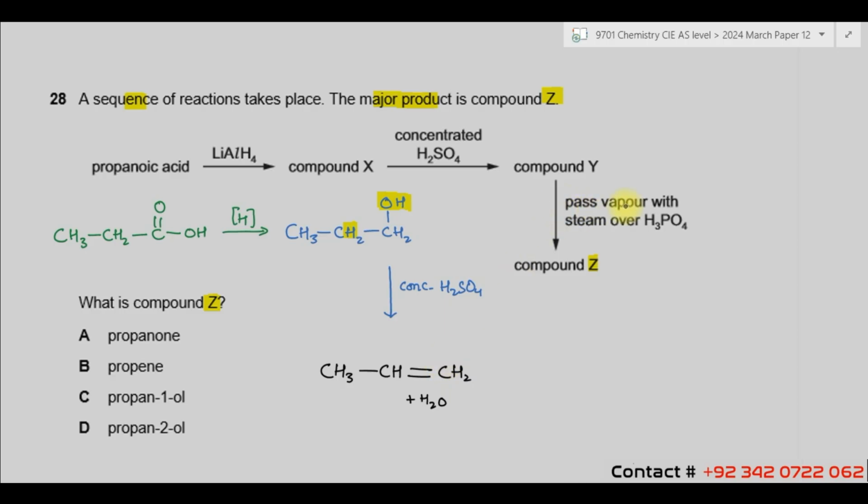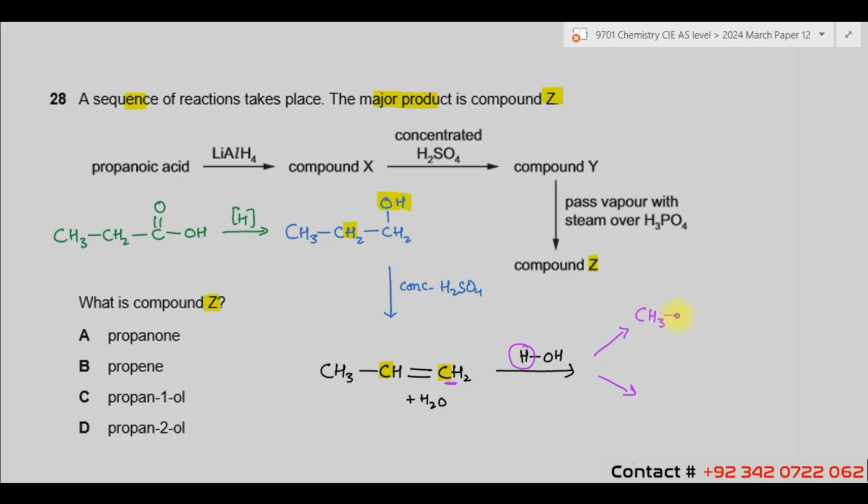Then we have vapors with steam. So we have water. Now hydrogen will attach to one double bonded carbon, OH to the other double bonded carbon. But these carbons are different. One has 2 hydrogens, one has a single hydrogen. So 2 types of product are possible. We have a major product and a minor product. In the major product, according to Markovnikov's rule, hydrogen attaches itself to the carbon having more hydrogen atoms.